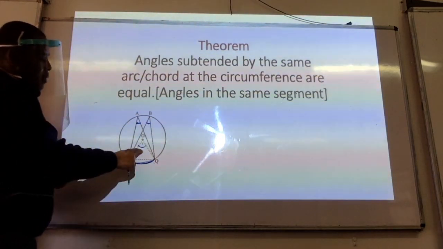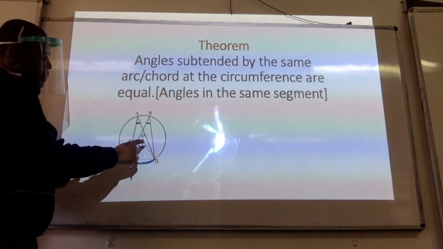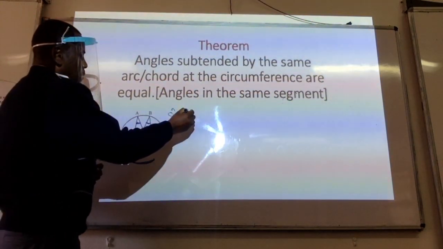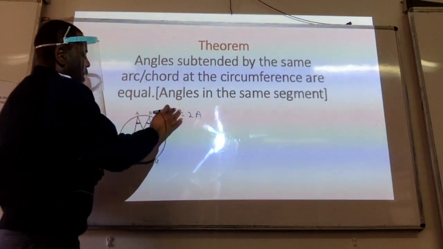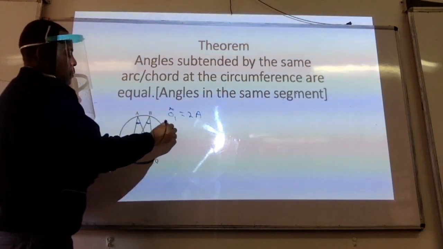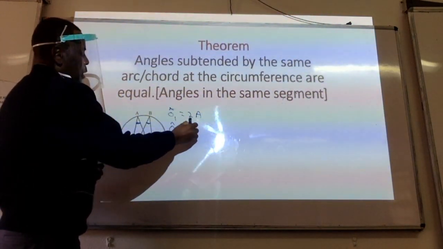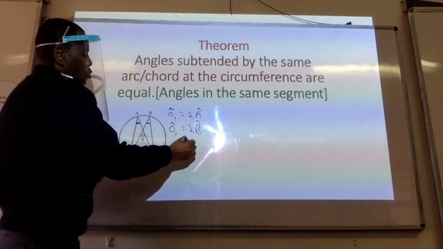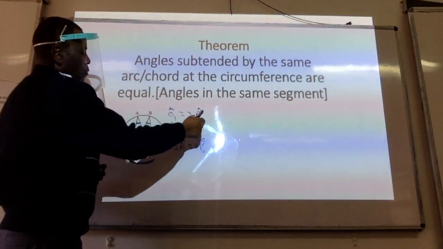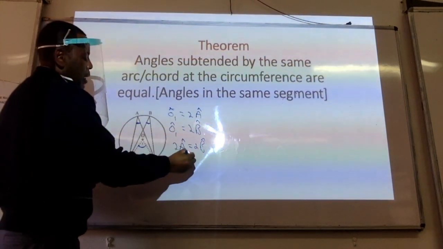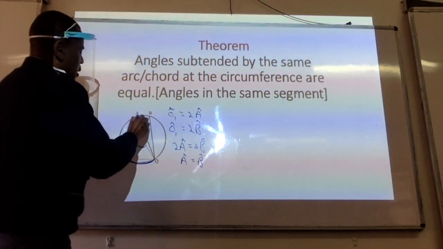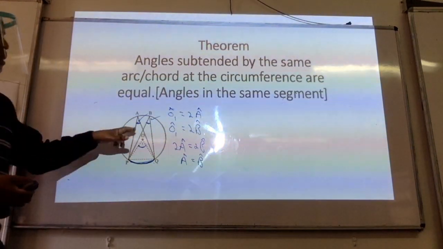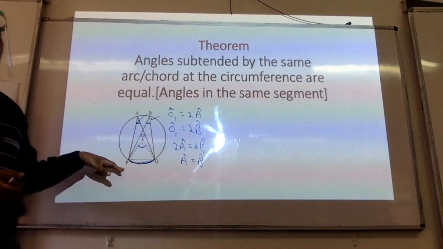So if O1 is twice A and O1 is twice B, then angle O1 is 2A and angle O1 is 2B, which means 2A should be equal to 2B. It follows from that, which actually means A should be equal to B. So these angles will be equal, because these are angles that are subtended by the same arc at the circumference.